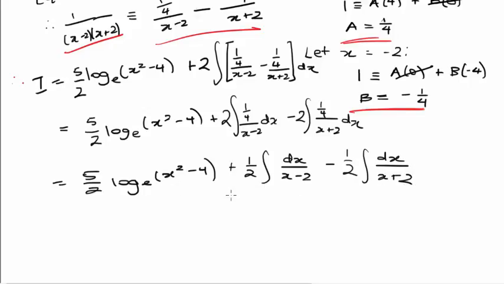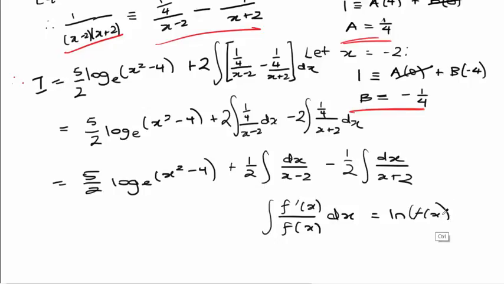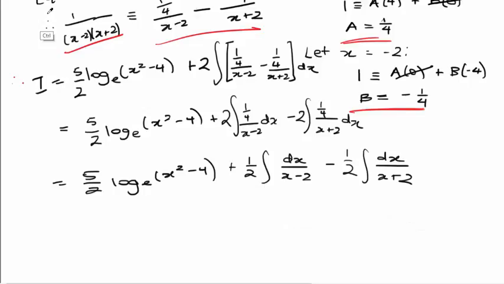And here we can see that these two integrals are in the form of the integral of f prime of x on f of x dx. And that's going to give us the natural log, ln, of f of x, right? And so, that's what we'll do. And we're going to finish off our answer soon. Two more lines.